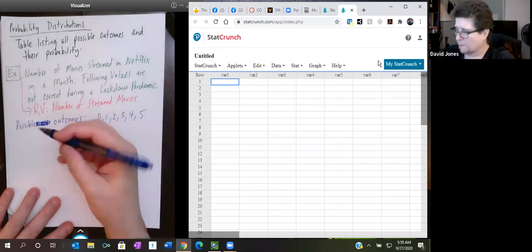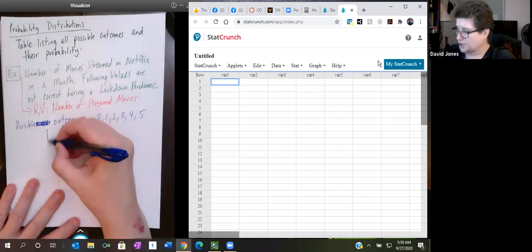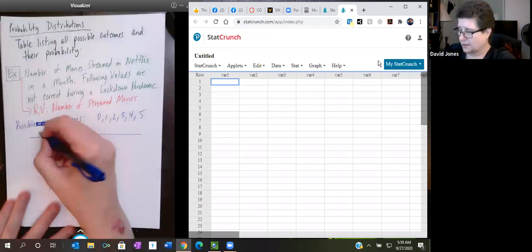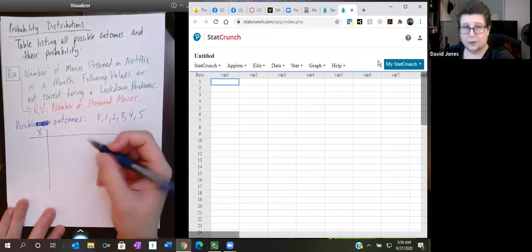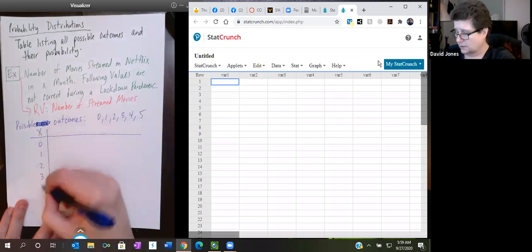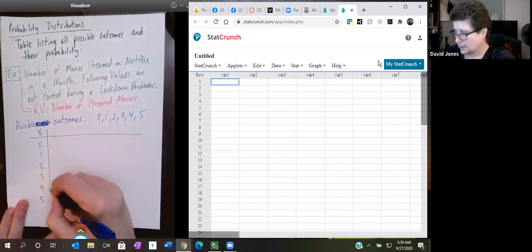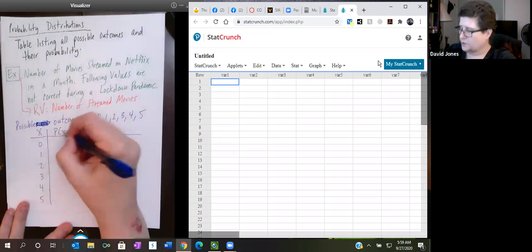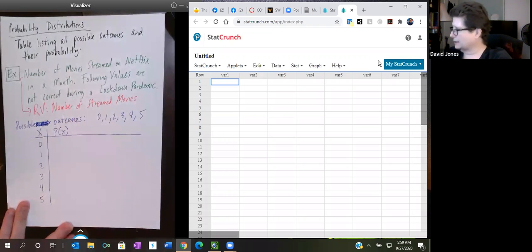So let's do our probability table distribution. I will make a column for the values. I'll call those values the lowercase x. And the other column I'm going to use is P of x, the probability that they happen.